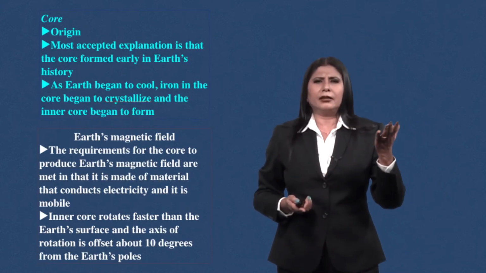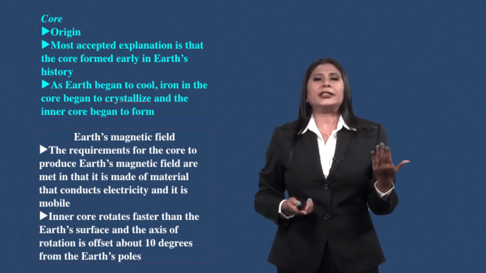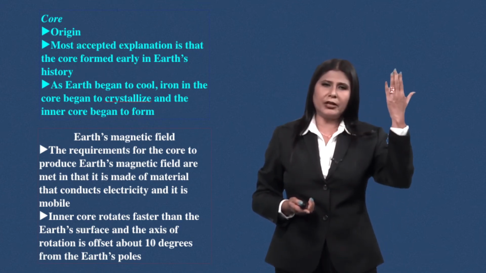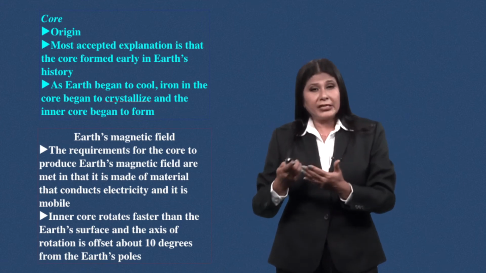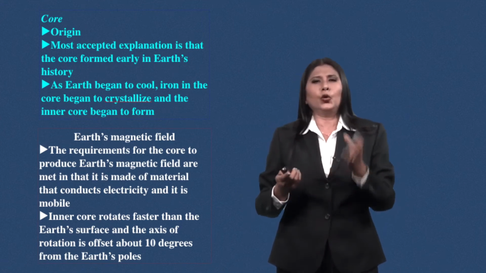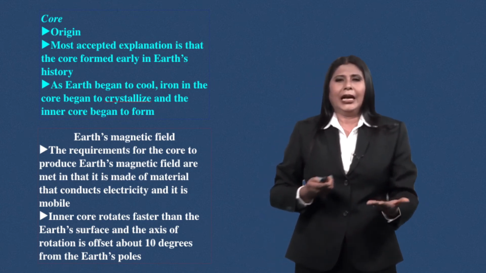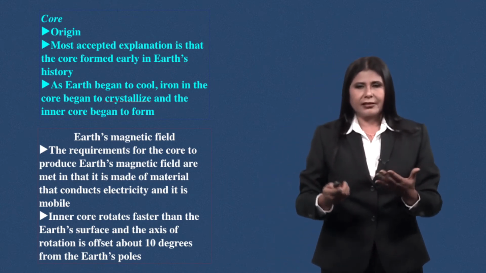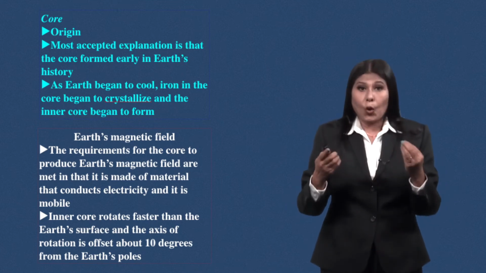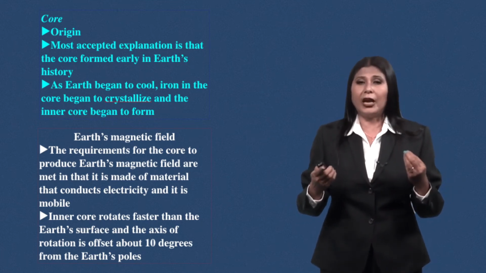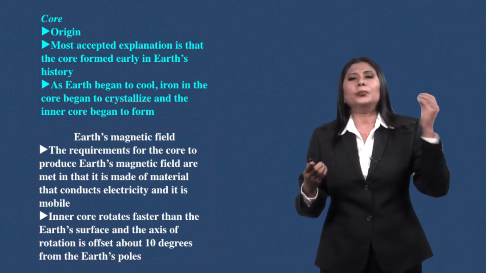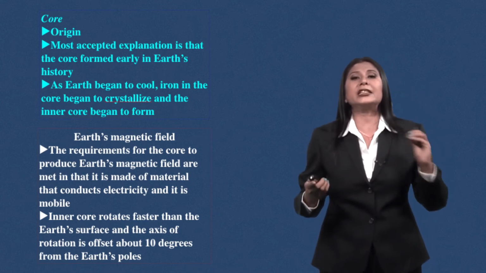The most accepted explanation of its origin is that the core formed early in the Earth's history. As the Earth began to cool, iron in the core began to crystallize and the inner core began to form. The requirements for the core to produce Earth's magnetic field are met, that is, it is made of material that conducts electricity and it is mobile.